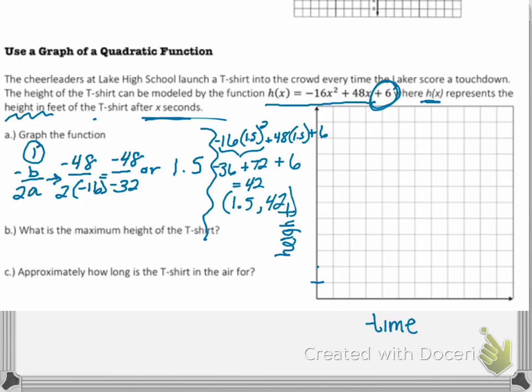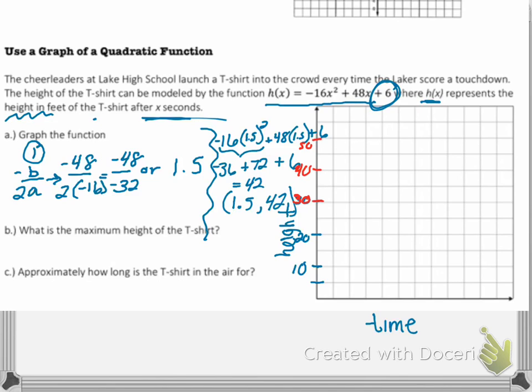So this would be 5, so then that makes this 10. And then I'll just skip every other one. There's 20, there's 30, there's 40. And then one more up here's 50. So I'm just barely fitting this in here.